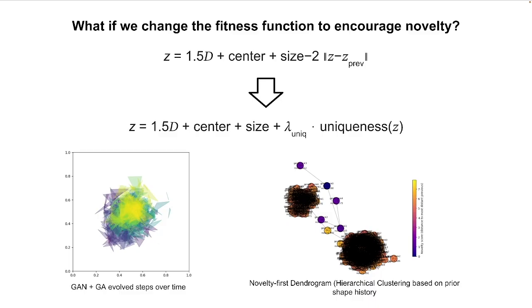So this is where we have this tree, and we have some clusters, and we have some branches, some lineages in here. And basically what we're doing is hierarchical clustering based on prior shape history. So we're encouraging novelty, and we're using that prior shape history to form the tree itself.